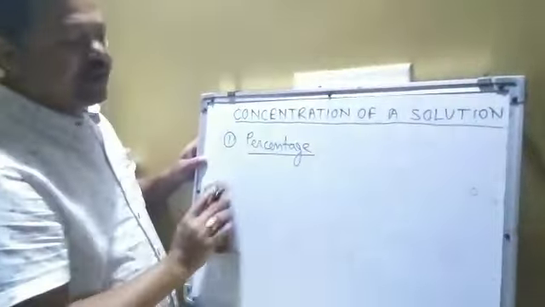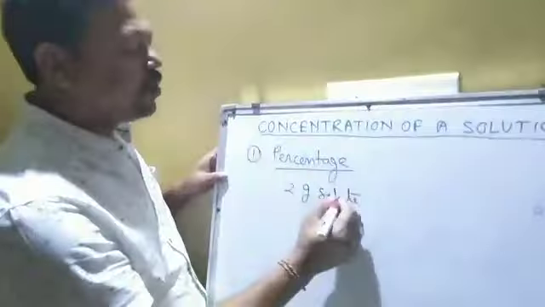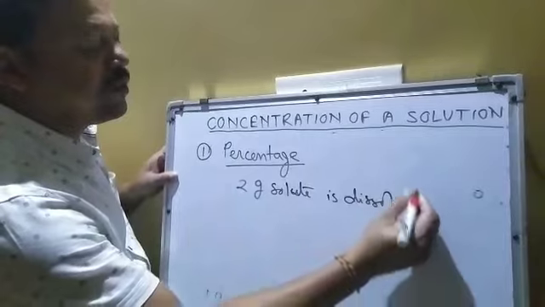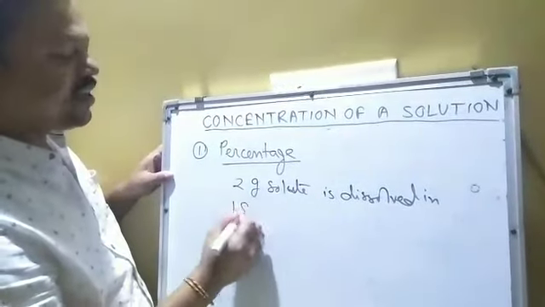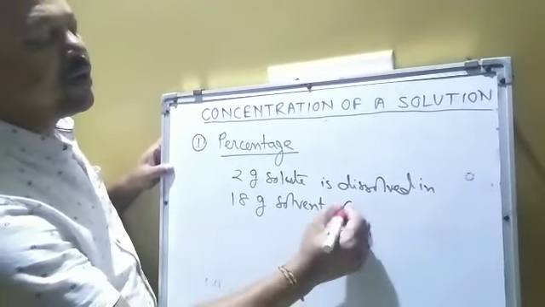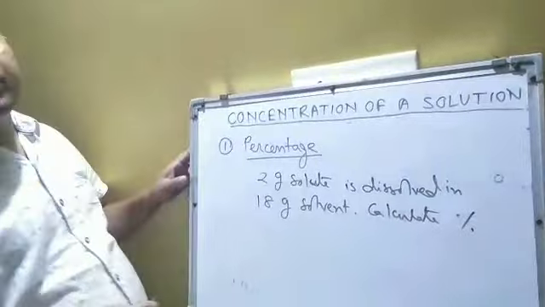before going to another unit, suppose a question asks like this: 2 gram solute is dissolved in 18 gram of solvent. Calculate the percentage strength. What is the percentage of the solution?